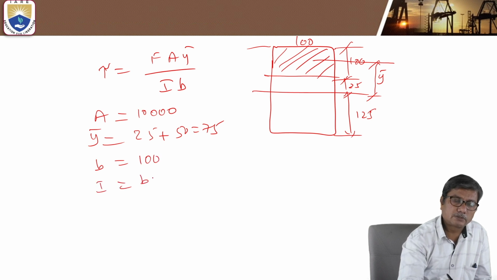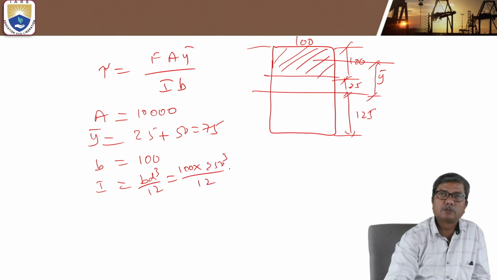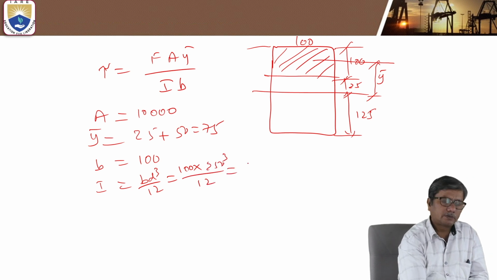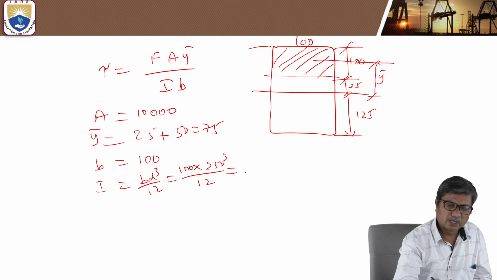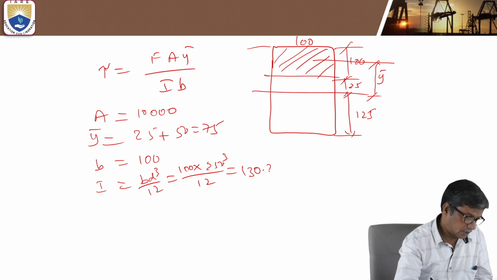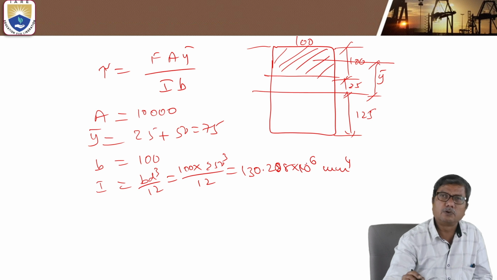I is equal to bd cube by 12, that is 100 into 250 cube by 12. So it comes out to be 130.208 into 10 power 6 mm power 4.